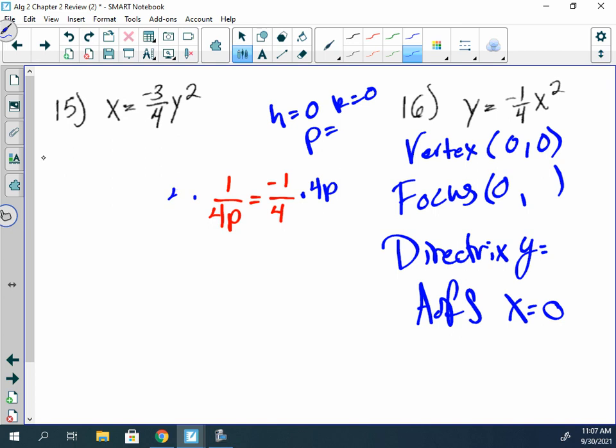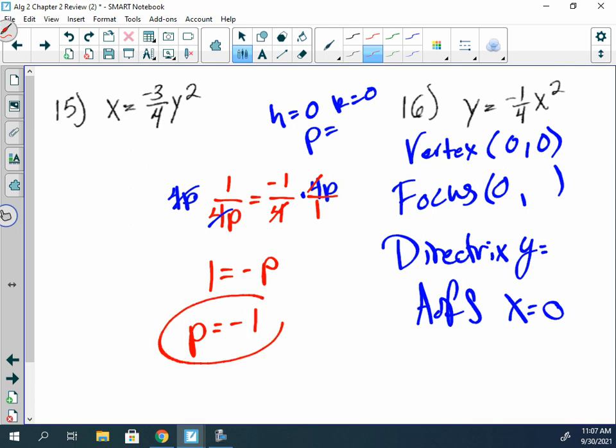Multiply both sides by 4p, because the 4p and 4p here will cancel, leaving us with 1 is equal to negative p. Because the 4/4 here would cancel out, because negative 1/4 times 4 is negative 1 times p. So we have negative p, or p is equal to negative 1.